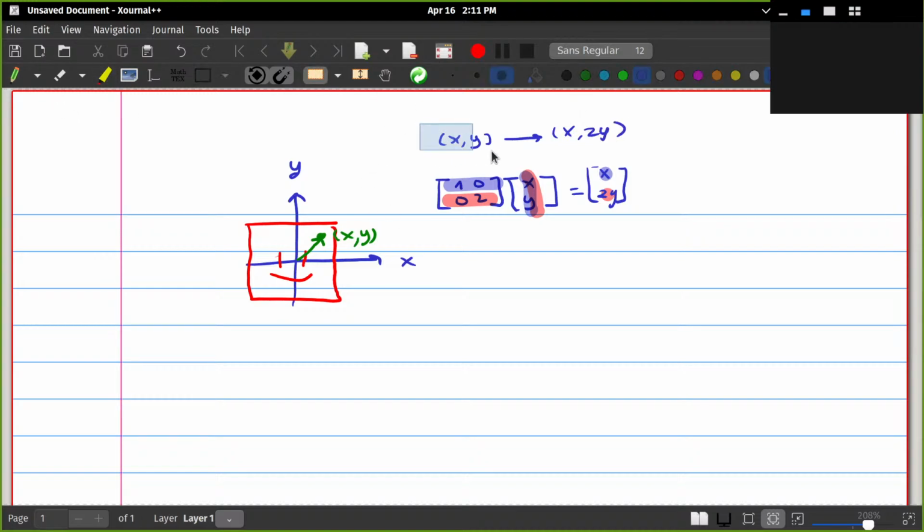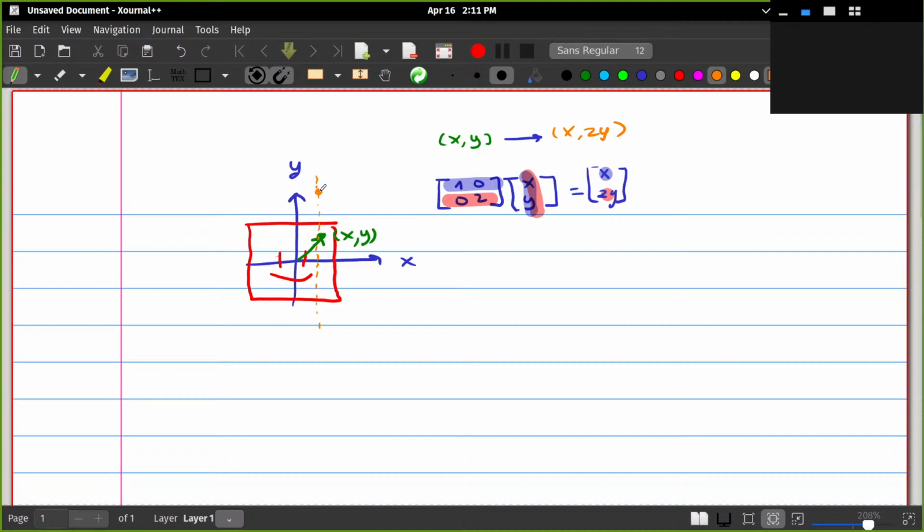The starting vector is in green, and the resulting vector, I put it in orange. So the x is the same, so it will remain in this position. And the y is 2 times the first one.